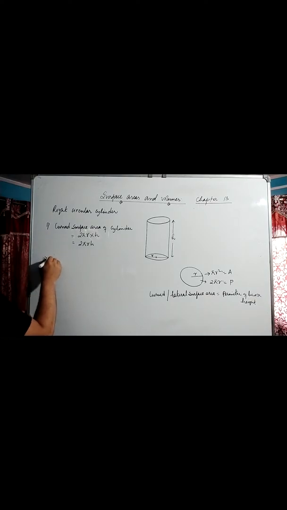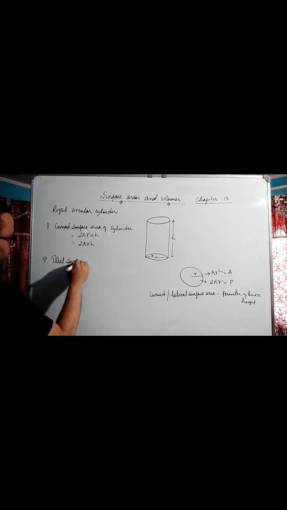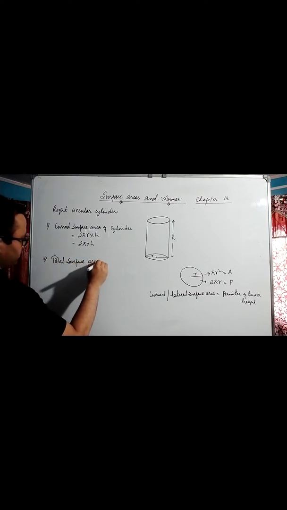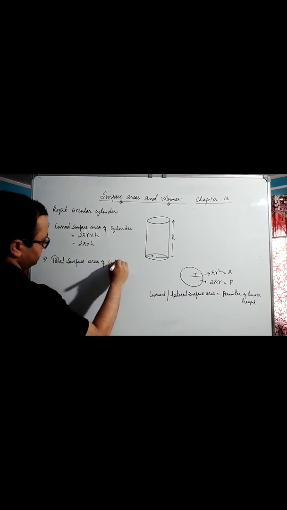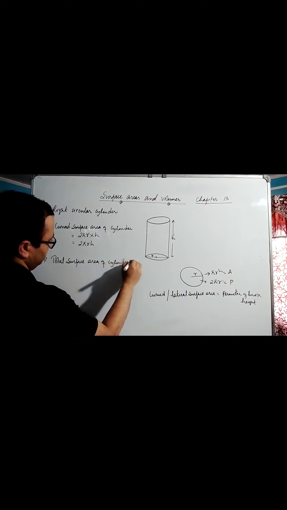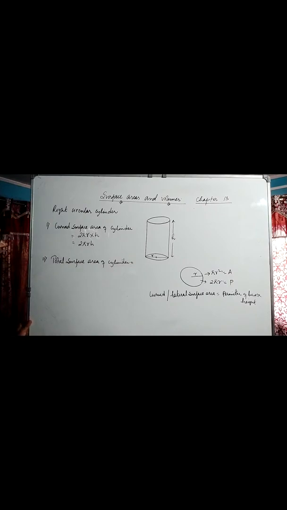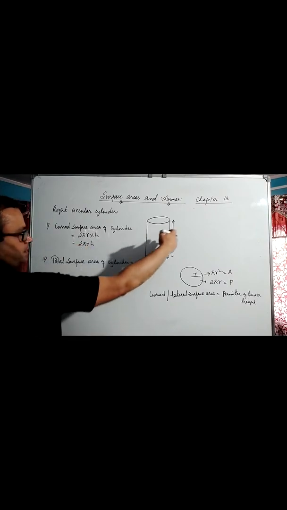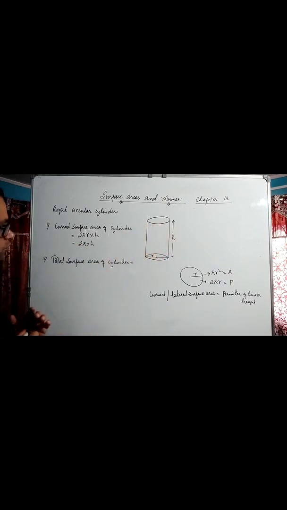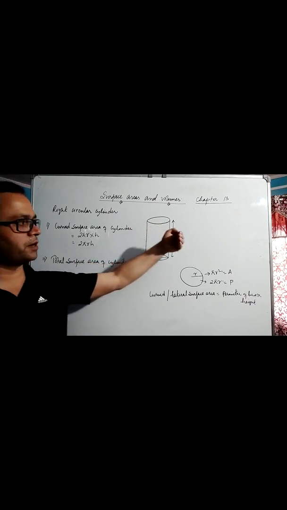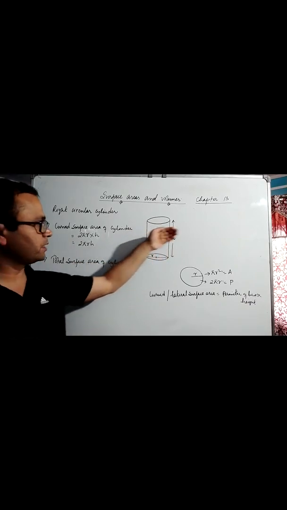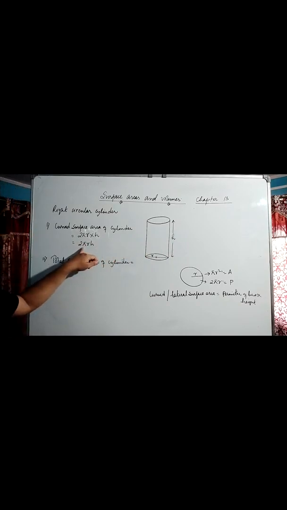Number 2 is total surface area of cylinder. This part is 2 pi r h for only the curved part.